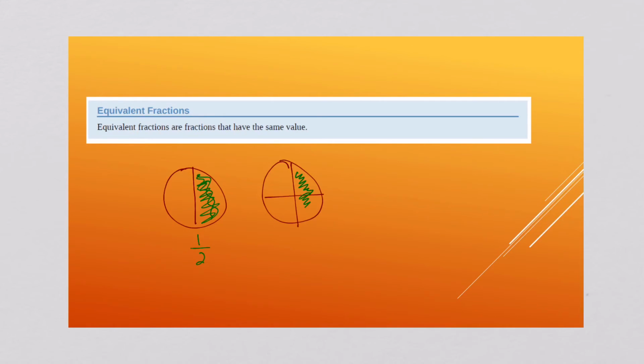So now I've taken 2 out of 4. So the equivalent fraction here, 1/2, is equal to 2/4. Another equivalent fraction to 1/2 would be 3 out of 6, 4 out of 8. We could keep doing this all day long.